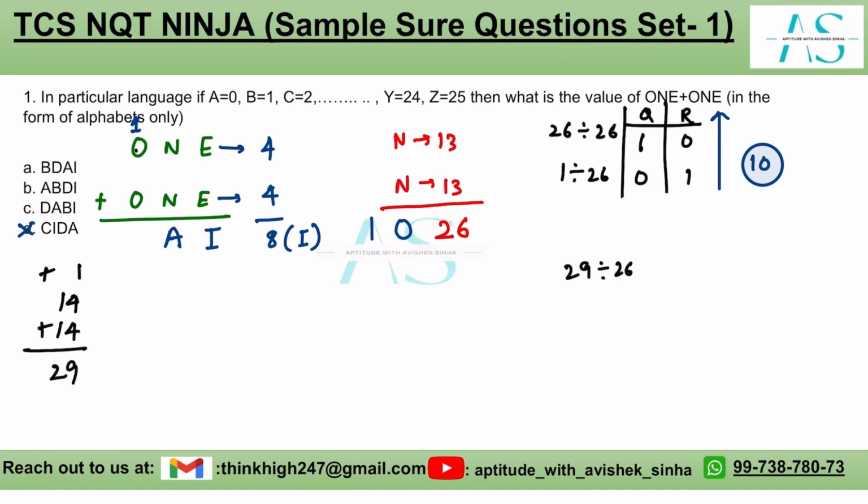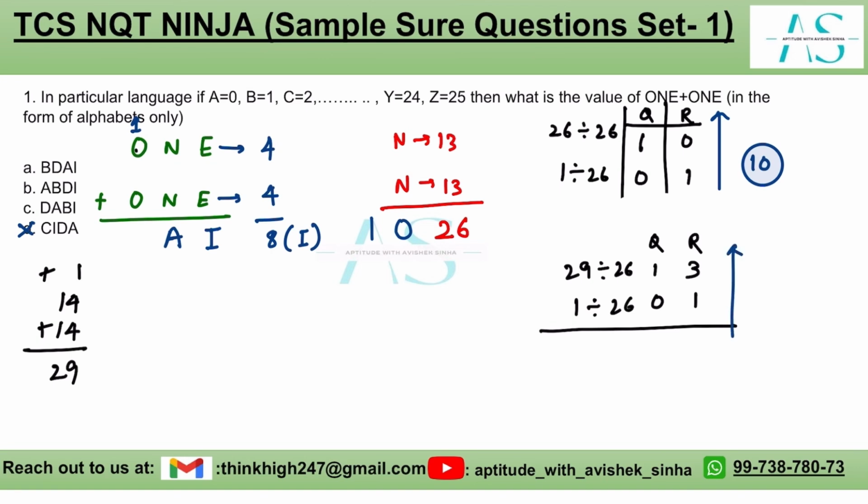29 divided by 26, the quotient is 1, the remainder is not 0, the remainder is 3. Now again, 1 divided by 26, the quotient is 0 and the remainder is 1. We stop as soon as we get the quotient as 0.